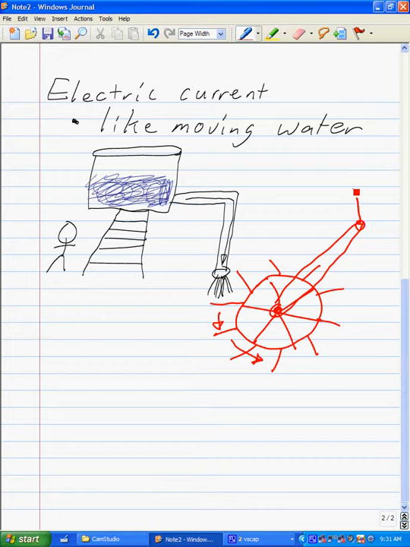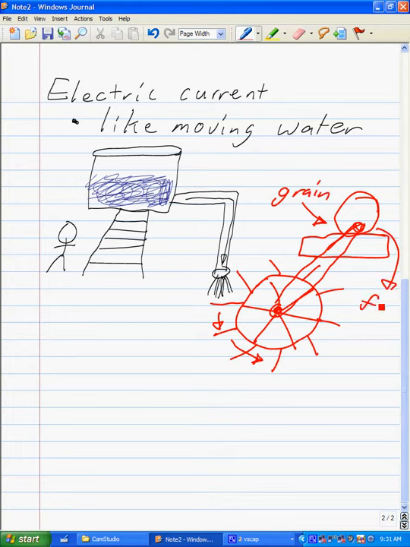I can hook it up to, I don't know, like a flour mill. So let's try and draw a little bit better. Something like this, and a big wheel up here, and I can make that wheel turn. And if I put grain in there, then I'll get flour out.